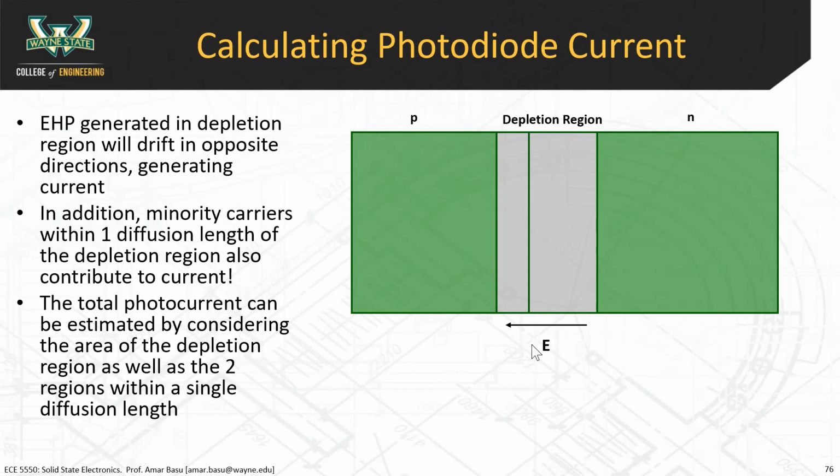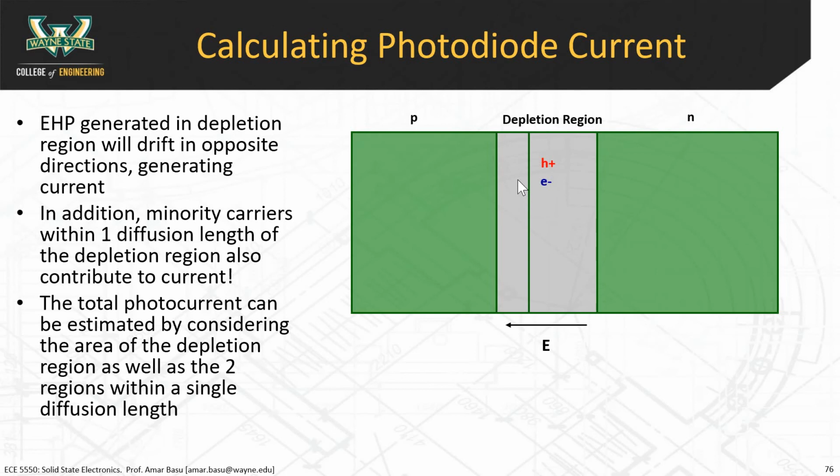So I'll show you why. So the first step, let's say we hit the material with light, and let's say there's an electron hole pair that's formed here. You see the E and the H, right? They form in pairs. Now, what's going to happen to the E and what's going to happen to the H? Yeah, they can split. Exactly. So this is the key part of why a photodiode works, why a solar cell works.